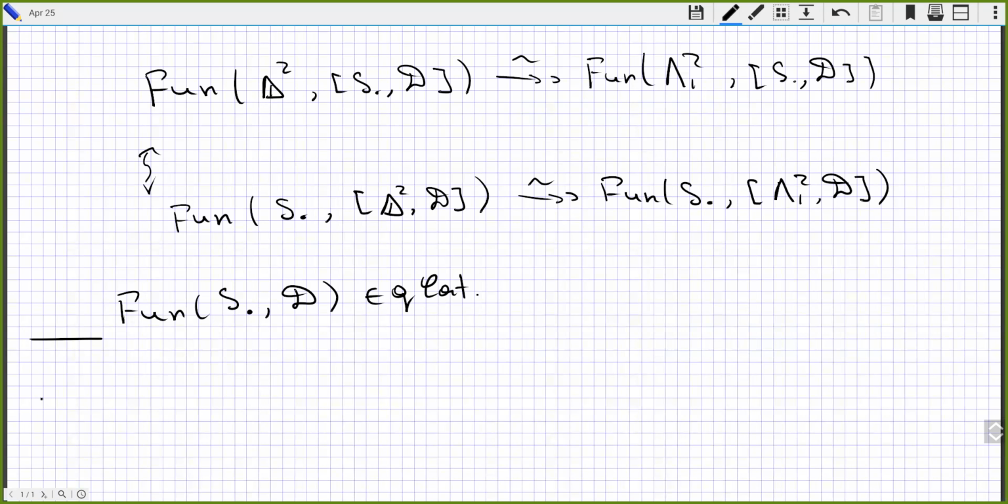I want to consider the category of Kan complexes as a model for spaces. Okay. And why do I do that? Because what we are doing now is developing the notion of infinity category.